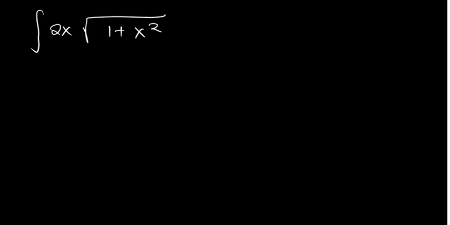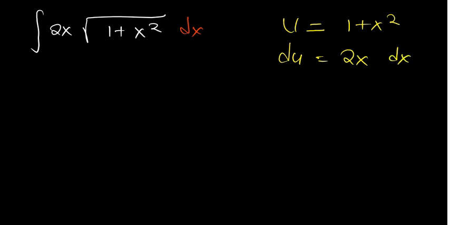Here we'll let our u be equal to what's under the square root. So let our u be equal to 1 plus x squared. Hopefully it gives us something unique. So our du is going to be 2x dx. Let's make dx the subject, so it will be equal to du over 2x.